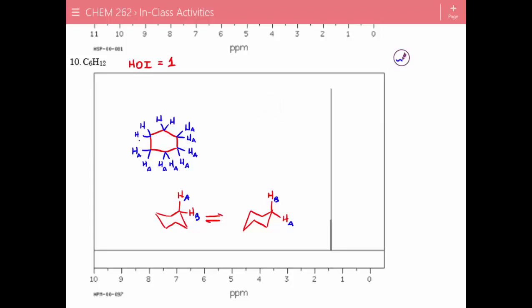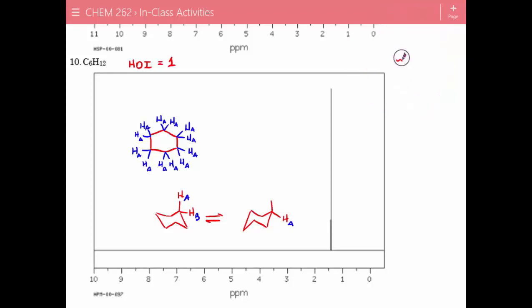If we appended a tert-butyl group onto cyclohexane, then we could lock that tert-butyl group into the equatorial position, and we could actually resolve equatorial versus axial protons. But in this case, we're more concerned with the chair conformation.